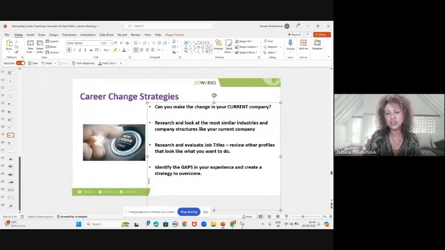So some individuals think, I'm just going to go and get a certificate. I'm just going to go and get an MBA. I'm just going to go and study something, and then I can go into that role. The biggest career shifts that I have seen have happened with somebody already inside their company. Why?